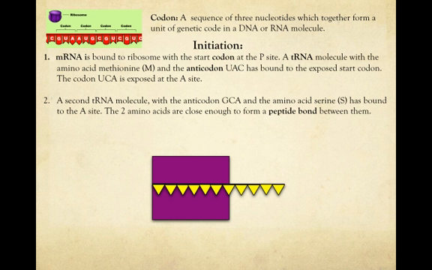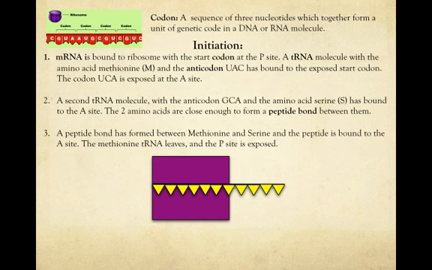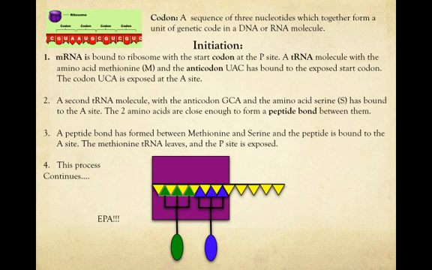A transfer RNA molecule with the amino acid methionine and the anticodon UAC has bound to the exposed start codon right here. And the second tRNA molecule with the anticodon GCA and the amino acid serine has bound to the A site. The two amino acids are close enough to form a peptide bond between them.